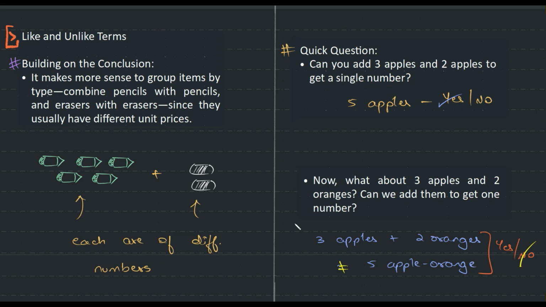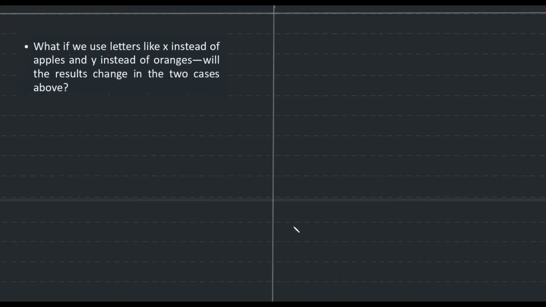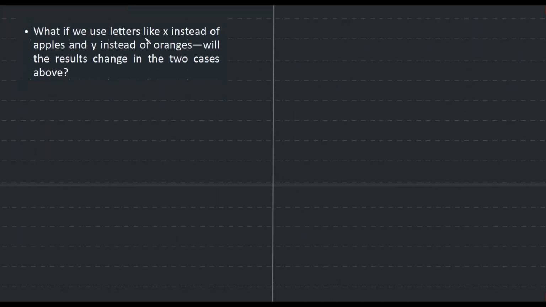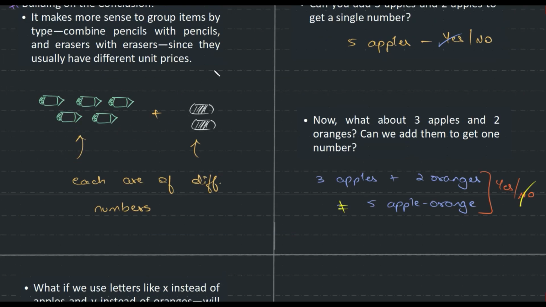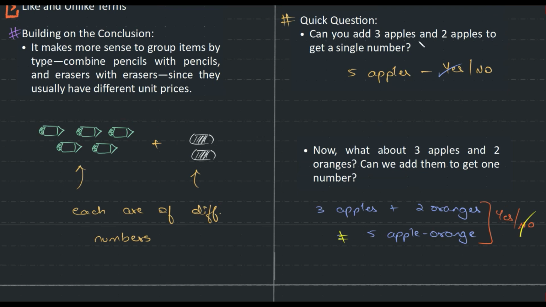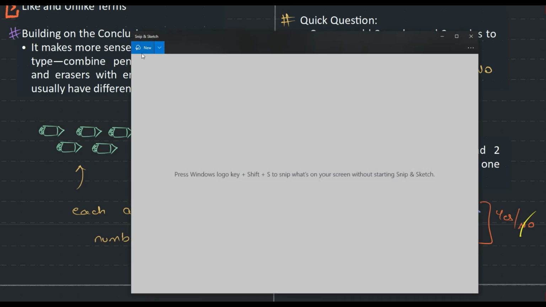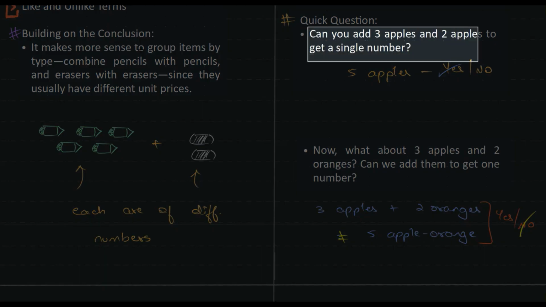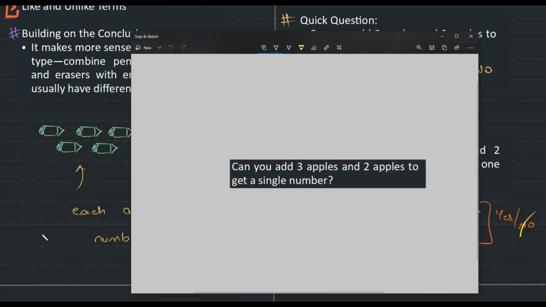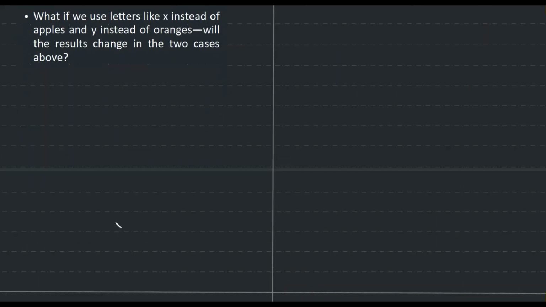We can't add this. Now, what if we use X instead of apple and Y instead of orange? So basically, this would be 3X and 2X, same question. So what I'm doing is, I'm taking the same expression and putting it over here.